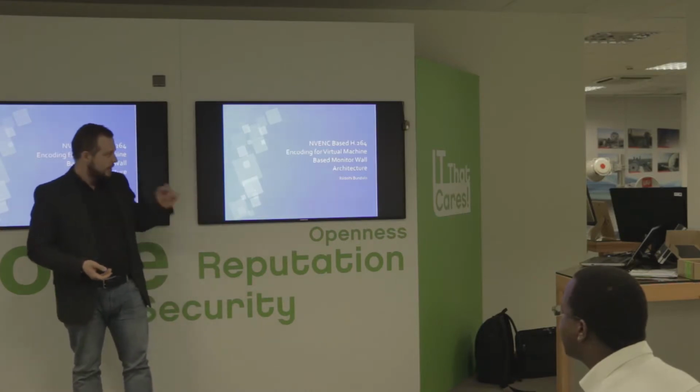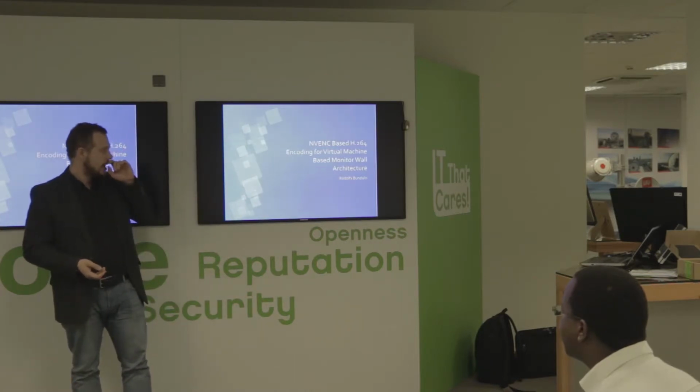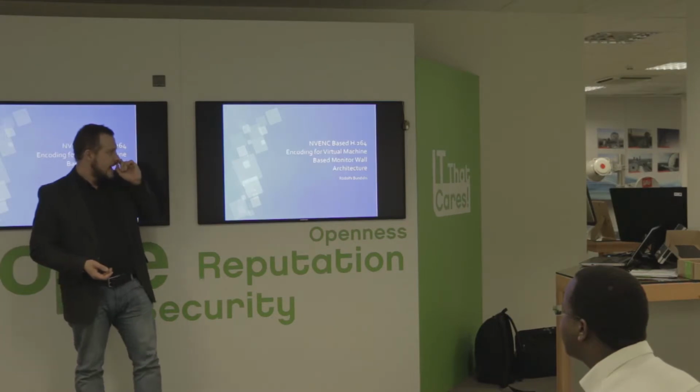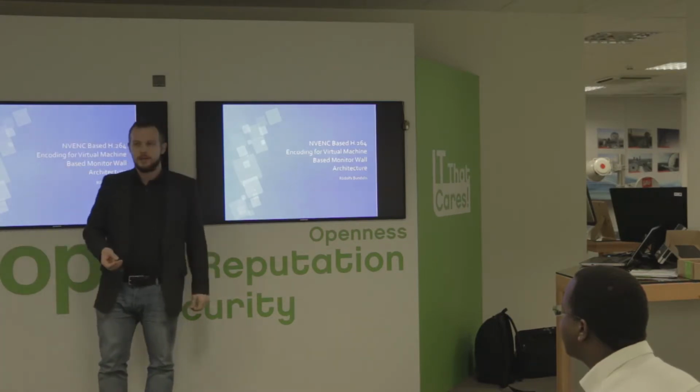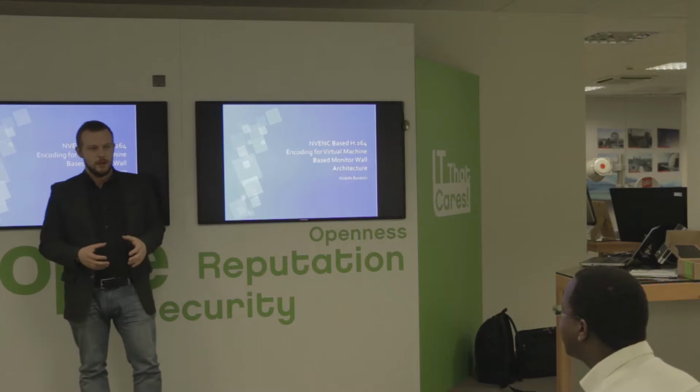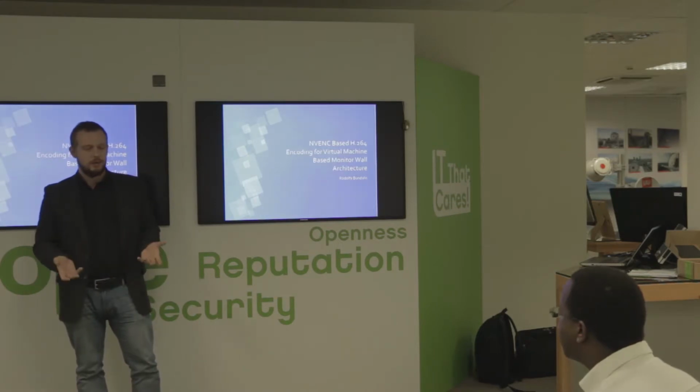And the topic today is that one of the key aspects of such a construct is to have some kind of video coding mechanism which leaves the CPU unburdened with the tasks of encoding.